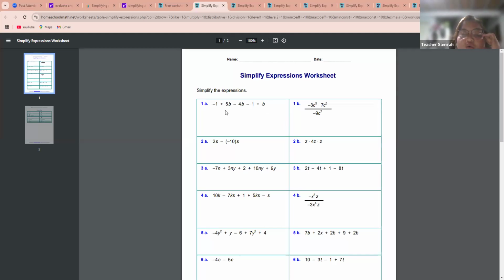You only need to reorder. Get everything which has a variable b, and then on the other side, copy all those which have a constant only. Then you will be able to get the answer. What would it be? Anyone? Write it in your chat box.